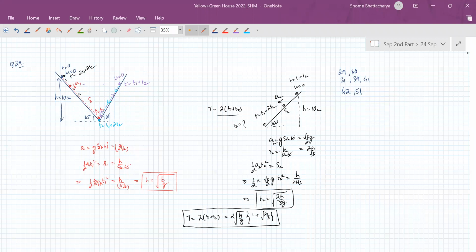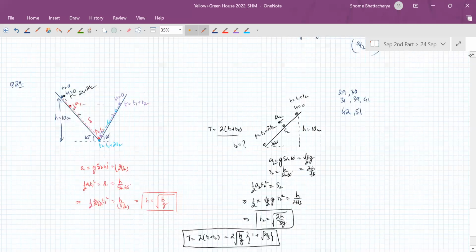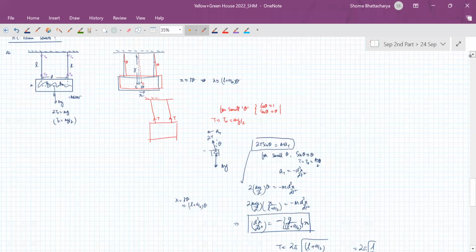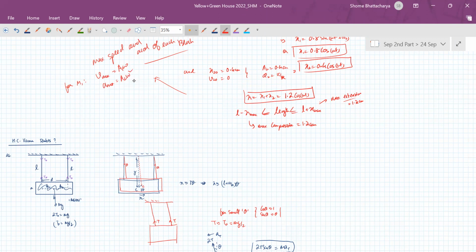Yeah, we will do all that answers. Okay, now before I forget, in that previous question we also wanted to find out the maximum speed and acceleration of each block. So I'll just quickly take you through the formula. For M1, maximum speed will become A1 omega and maximum acceleration will become A1 omega square.